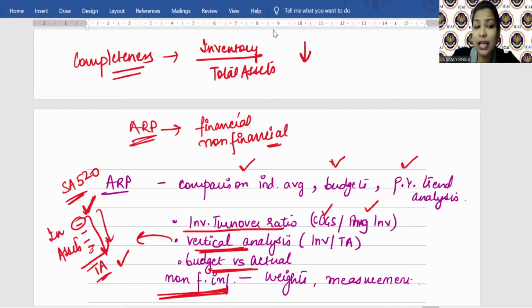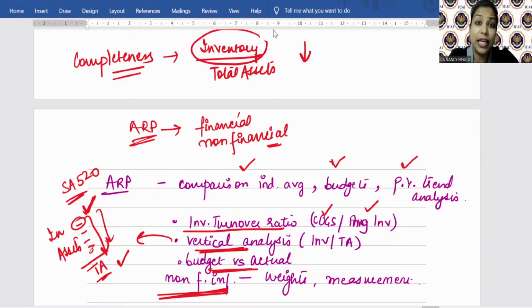So that is an indication that inventory might not be complete. So that is why he'll calculate inventory as a ratio of total assets, and he'll compare it with the earlier years. Okay, Kanhaiya, is your doubt clear? Is it clear? Right? And budgets to actual.